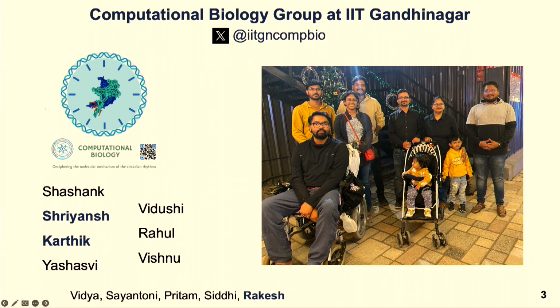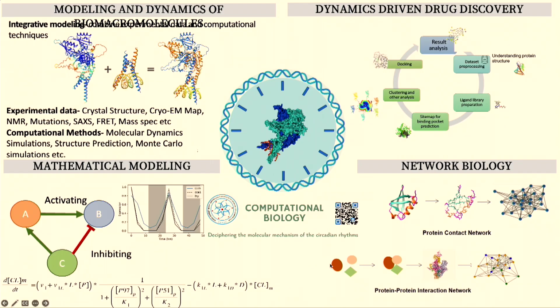The work that I'm going to present today is primarily done by Shreyansh and Karthik. Shashank and Yashasvi are other PhD students. If you get interested in what I'm talking about, you can reach out to them or to me. I was making these slides when I was half asleep, so sorry.